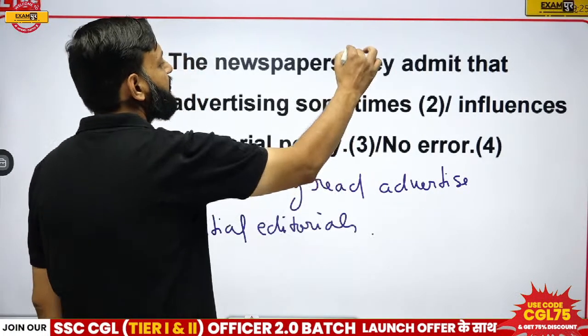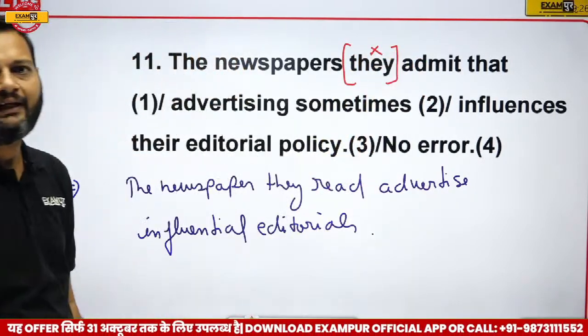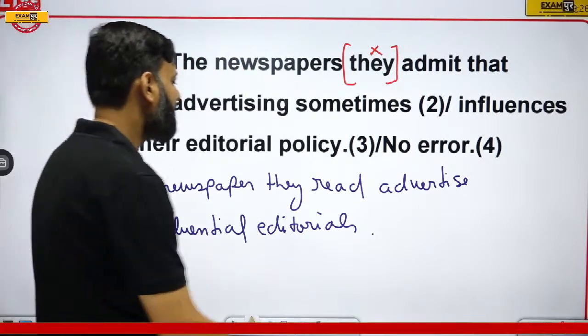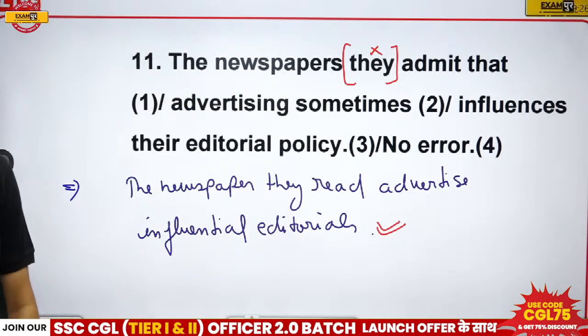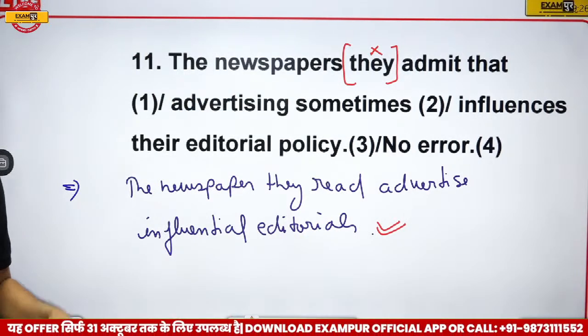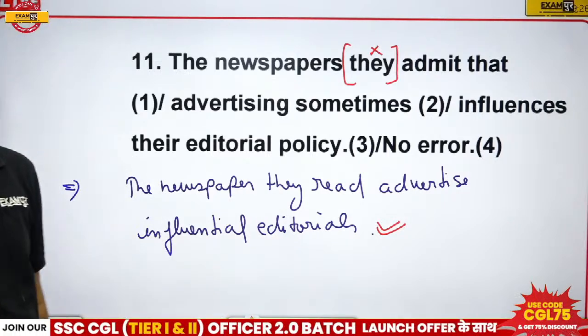In the first sentence, they is superfluous. There is no need of they. It is superfluous. But the second sentence is absolutely correct. There is no error in this sentence. Okay. In the first sentence, they is superfluous, and the second sentence is absolutely correct. Right?